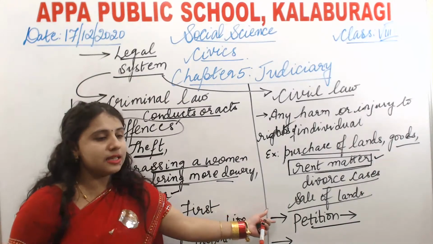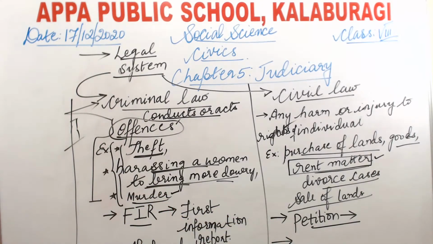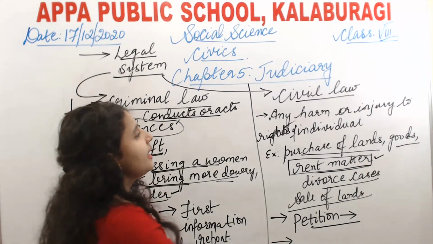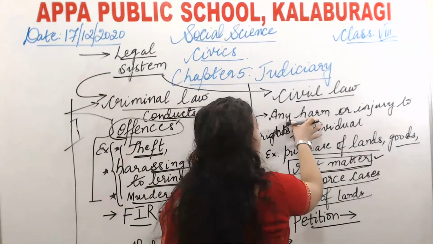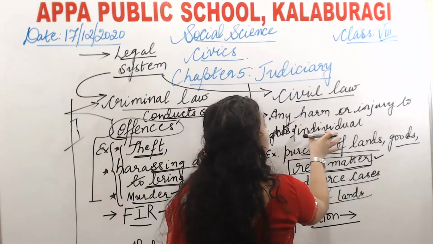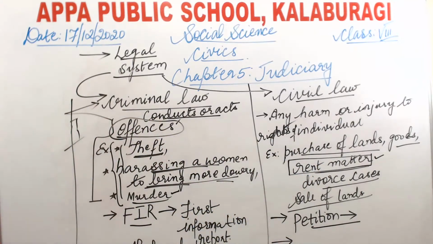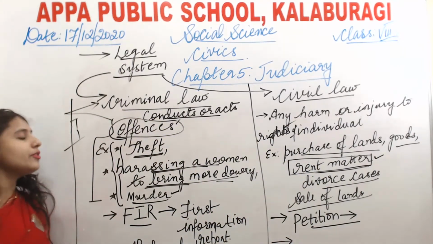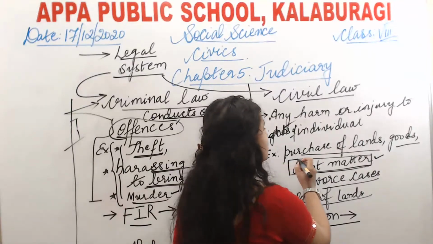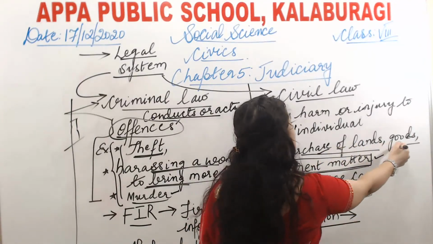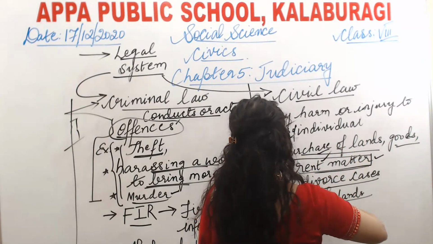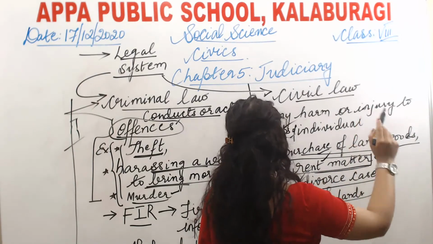Then what happens in civil cases? Civil law deals with any harm or injury to the rights of an individual. What are the examples of civil law? Purchase of lands, goods, rent matters, divorce cases, sale of lands.